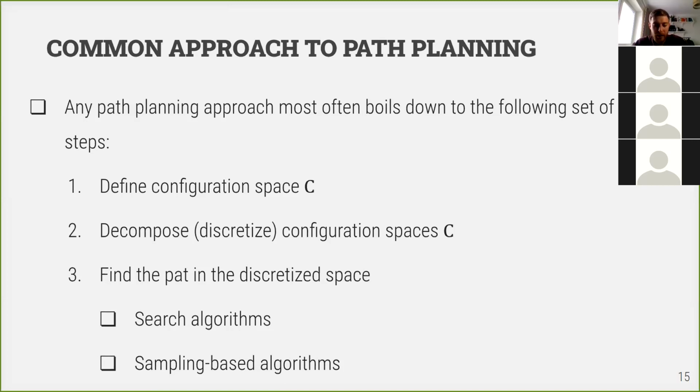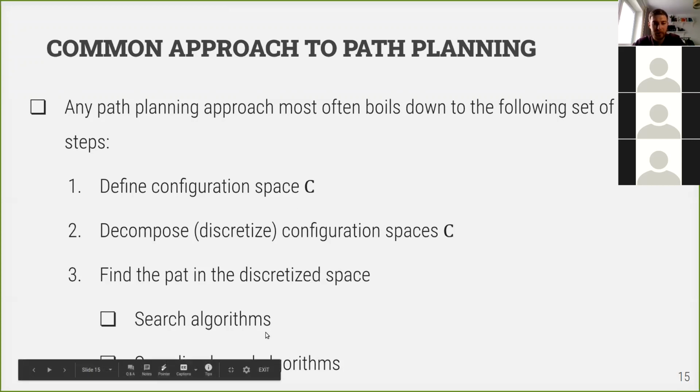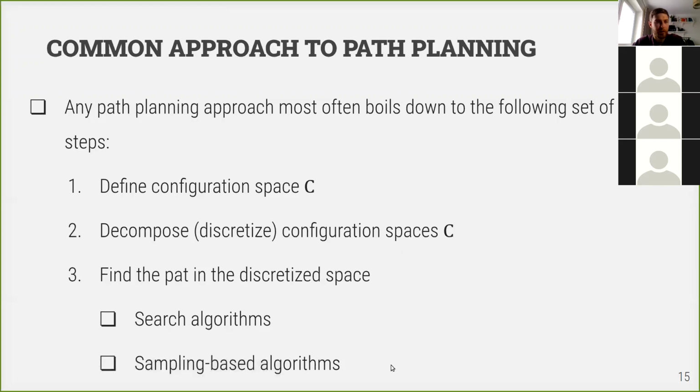So they're basically considering all possible configurations, while sampling-based algorithms try to speed up computations even more, and they use samples from our space, trying to construct as optimal a path as possible, but they're not considering every cell in our discretized space. We will see what the difference of these two approaches is further in the lecture.